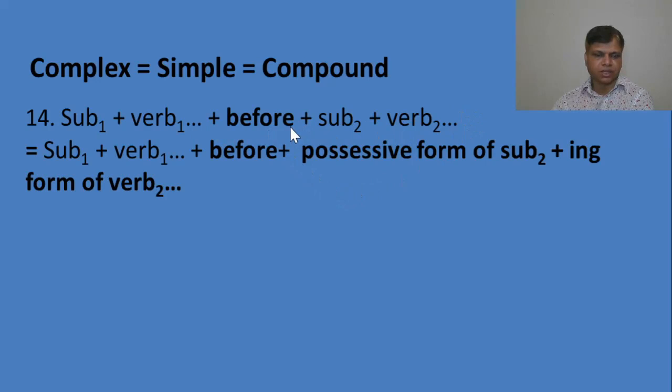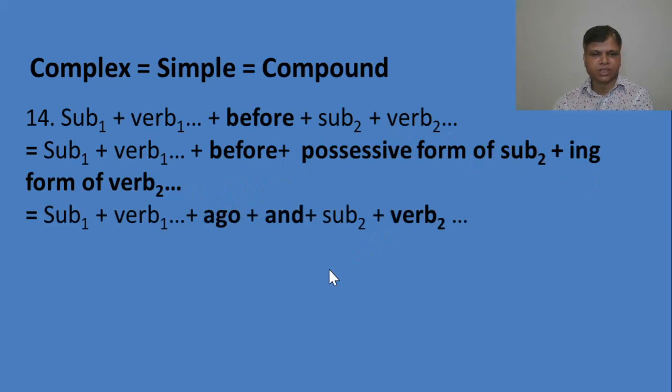So if a complex sentence contains before, we have to transform it into a simple sentence following this structure. We have to use the independent clause first, then we have to use before, and the possessive form of subject 2, then we have to use the ing form of verb 2, and the rest of the sentence.